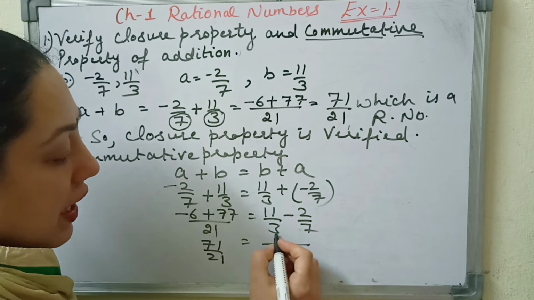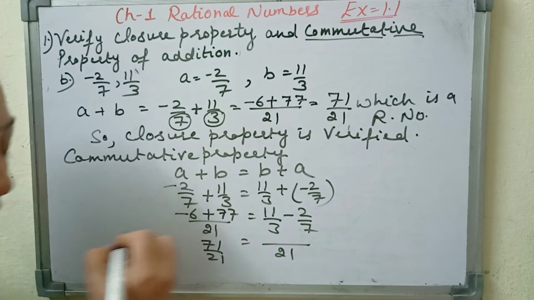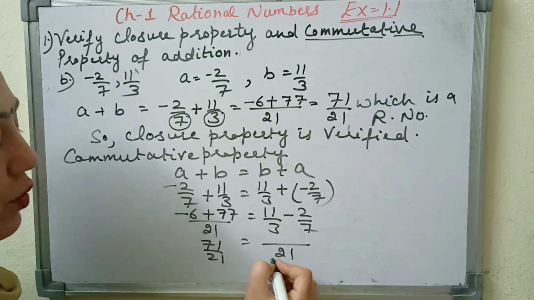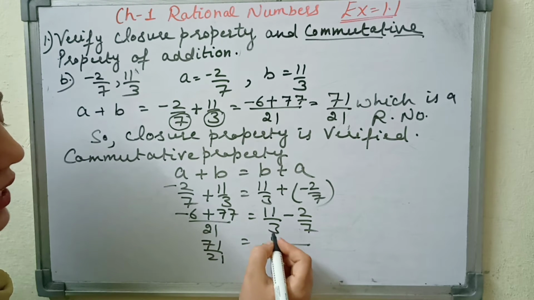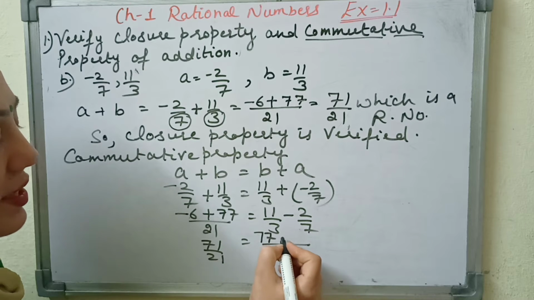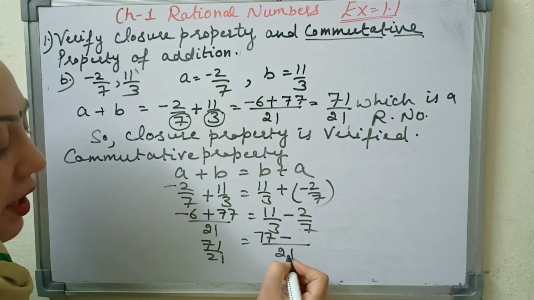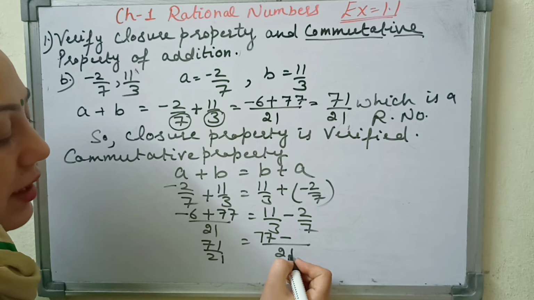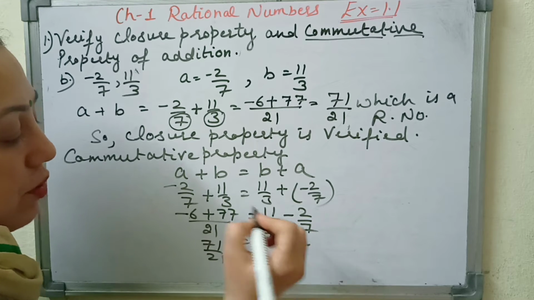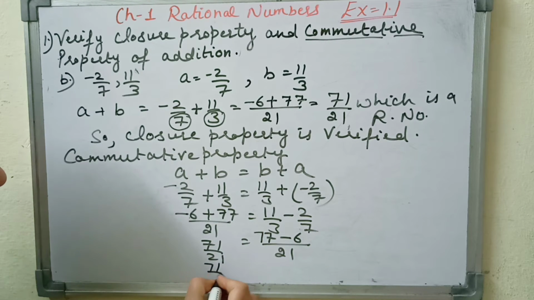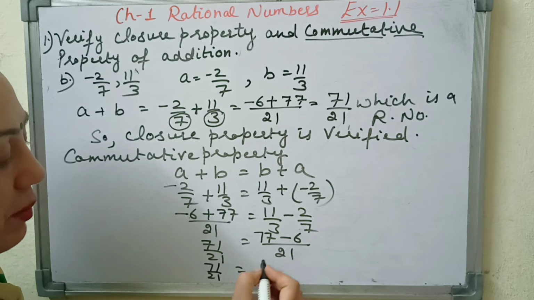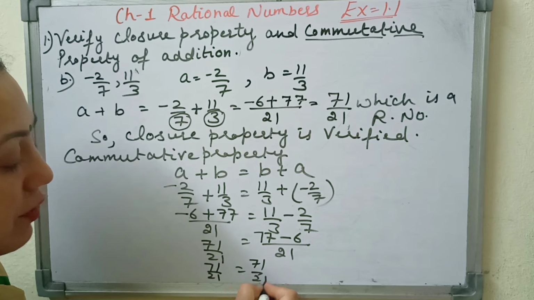We solve it again. 3 sevens are 21. LCM here is 21, and 21 divided by 3 we get 7, and 7 elevens are 77. 21 divided by 7 we get 3, and 3 multiplied by 2 is 6. Here, 77 minus 6, again 71 over 21.